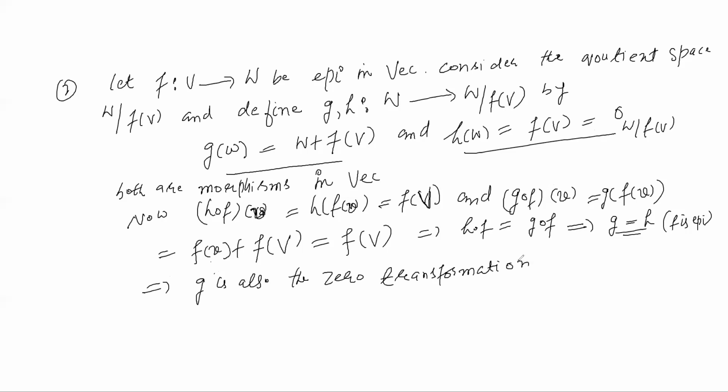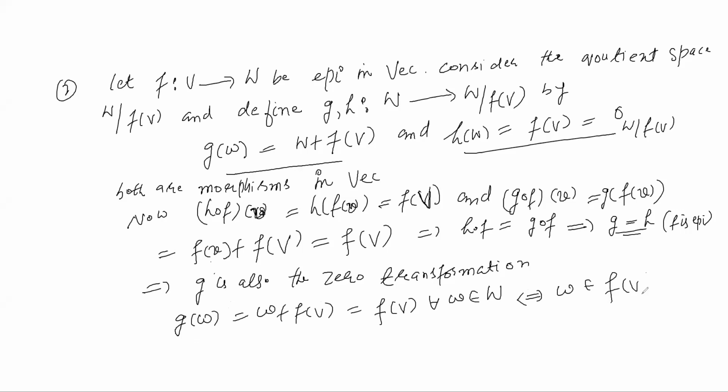That is, g is the zero transformation. It means g of w equals w plus f(V), which is f(V), for all w belonging to W. This is if and only if w belongs to f(V) for all w belonging to W.